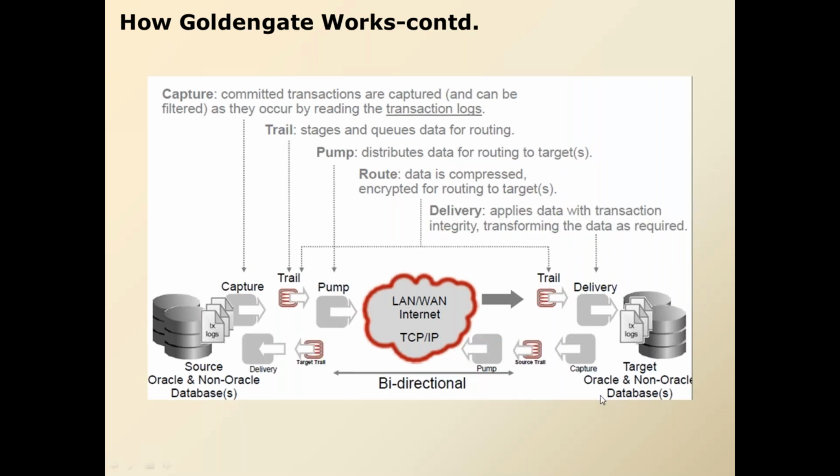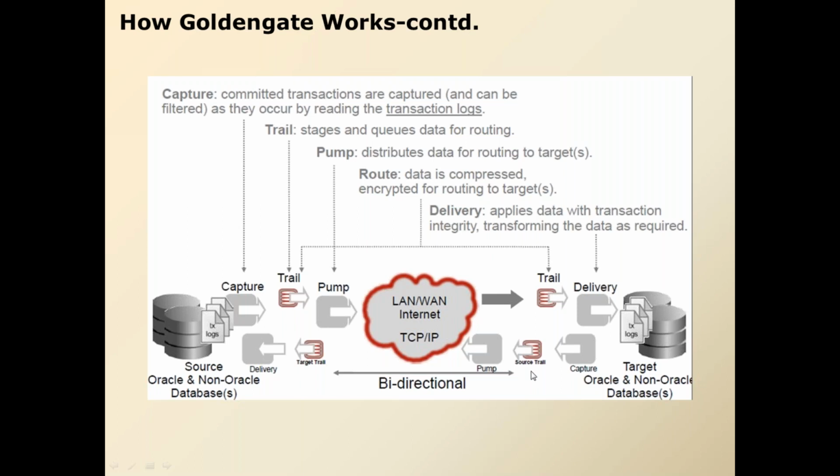Now Oracle GoldenGate also works in bidirectional mode. Bidirectional means both sites can be active and live. The application can be connected to either site, and in bidirectional both sites act as source and target. Whatever changes are happening in the transaction logs will be captured by the extract process and written to the local trail.